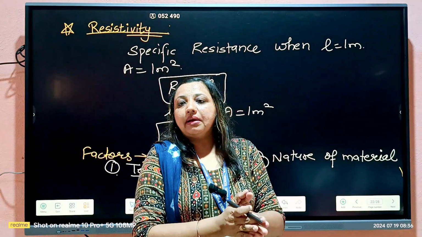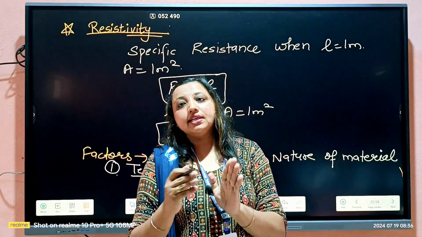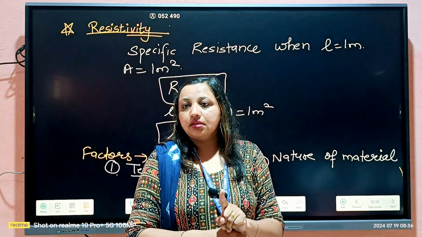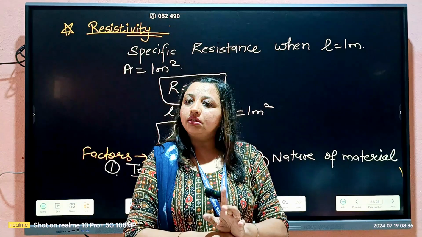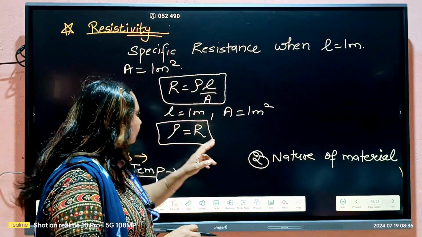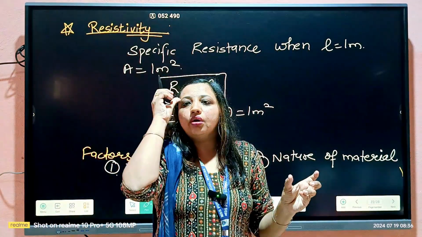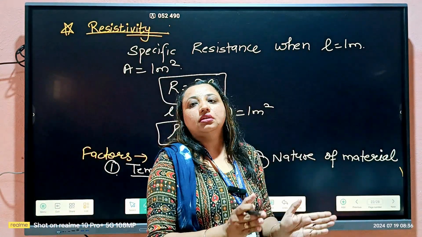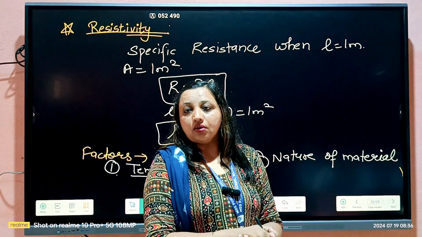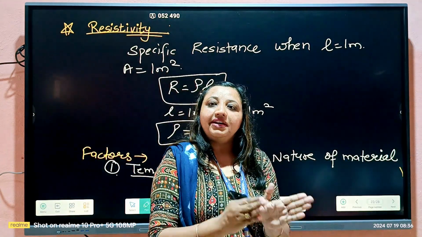In temperature, how does it vary? Like how does resistance vary? With increase in temperature, the resistance of conductors increases, na? Because the tau decreases, and R has an inverse relation with tau. Similarly, resistivity is equal to R. So as the R varies according to temperature, the resistivity of the conductors also varies in the same way as the resistance varies according to the temperature.